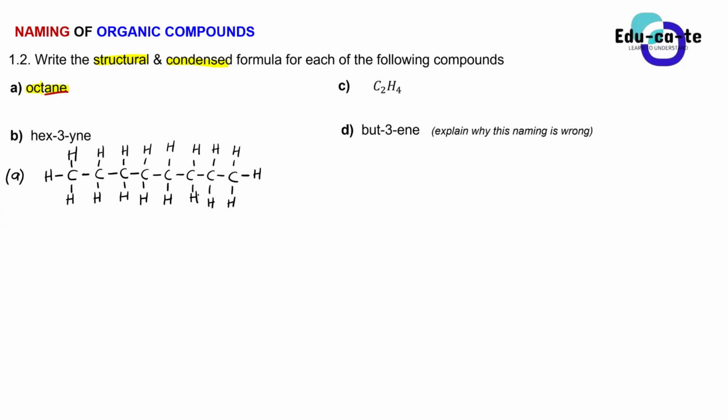How can you write this as a structural formula? The condensed formula now, because I said write the structural as well as the condensed formula. Who can tell us how we can write the condensed formula? Yes, Oliver.